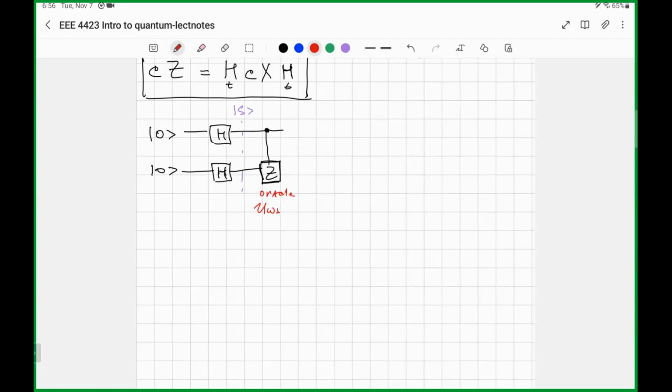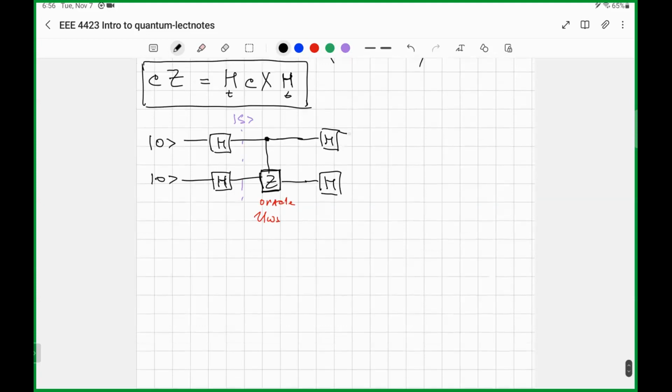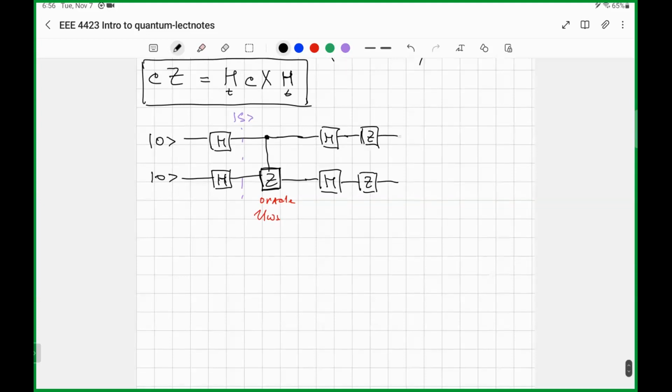Okay. So after that, we apply the Hadamard here and here again. Then we apply the Z gate to the first and to the second qubit. Then we apply the control Z gate again.